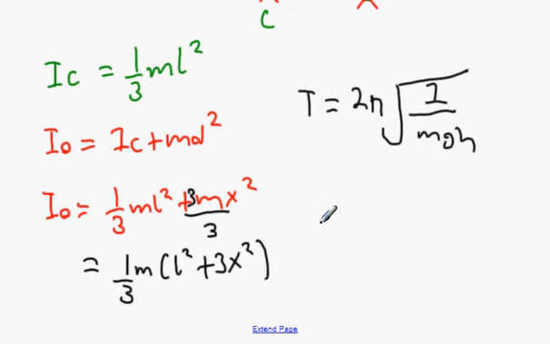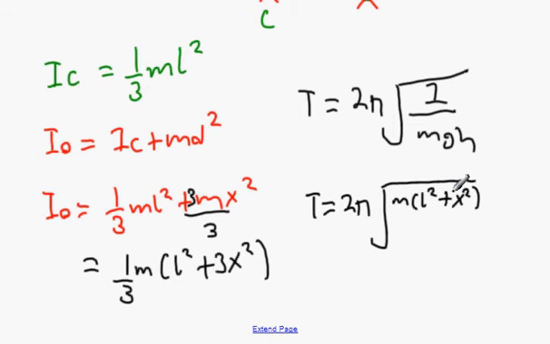So if we substitute in the formula we just got, it's going to be 2 pi times M into L squared plus, sorry, 3x squared, be careful of that, 3x squared. Now the 3 goes on the bottom because it's a fraction, and it's just going to multiply in by the 3mg. So the 3 is going to appear on the bottom, M is going to be here, g is going to be here.